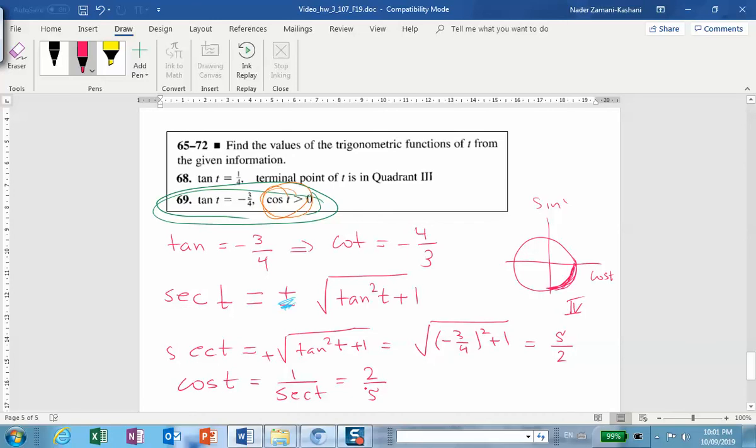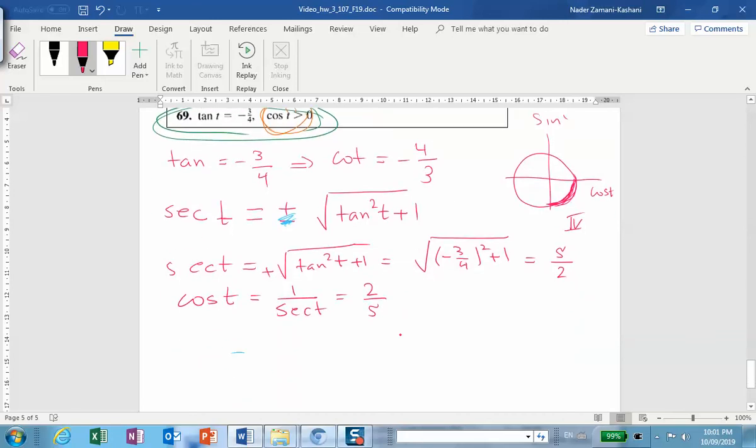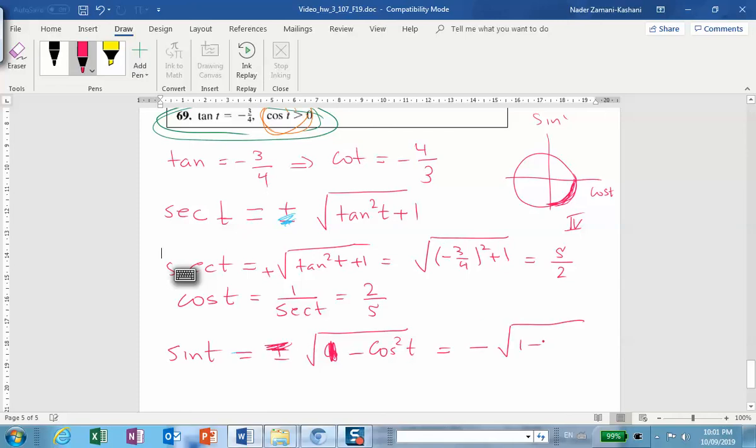Okay? Let's go ahead and find the sine. So sine of t is equal to plus or minus the square root of 1 minus cosine squared t. But because you're in this quadrant, sine is negative, so do not use plus. Minus square root of 1 minus cosine squared t.